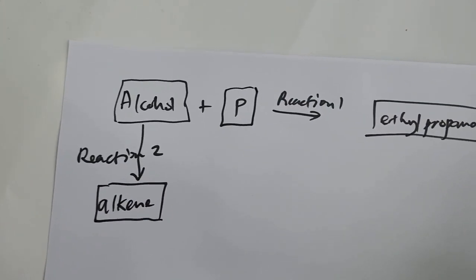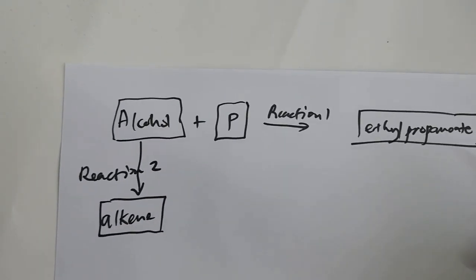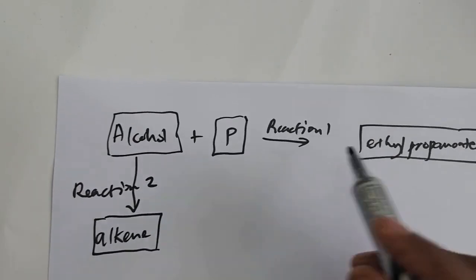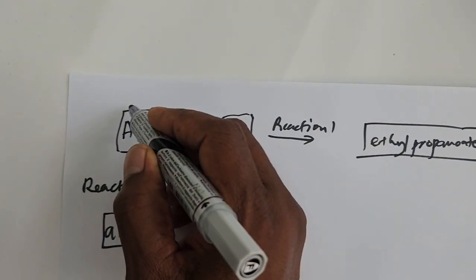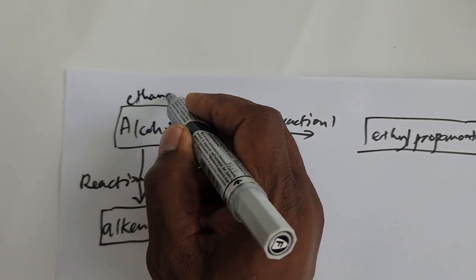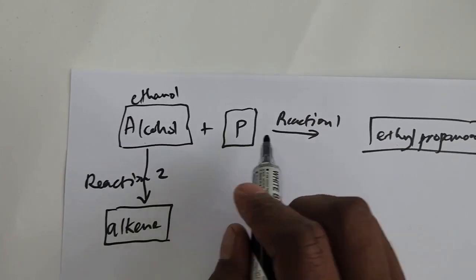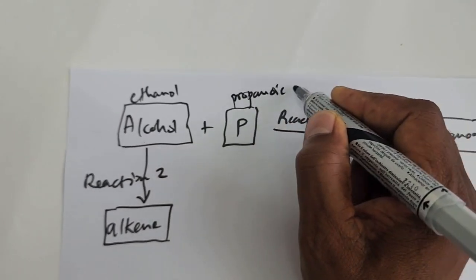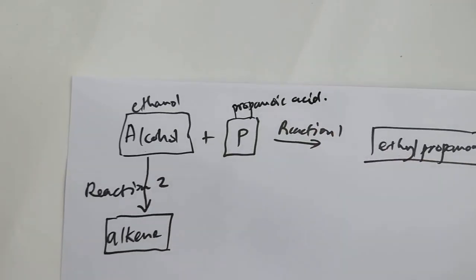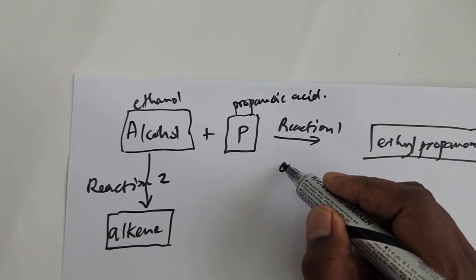Now you can tell from this, if they say analyze this table, I can tell that if this one is an alcohol, according to the name here, it will be ethanol. And if this one is ethanol, then the acid will be propanoic acid. Propanoic acid. Fine. And then reaction 1 is esterification.